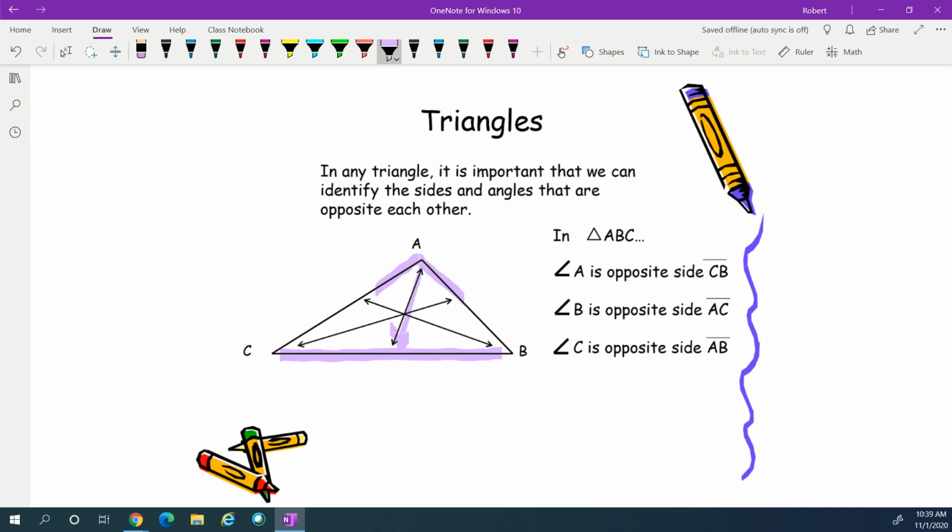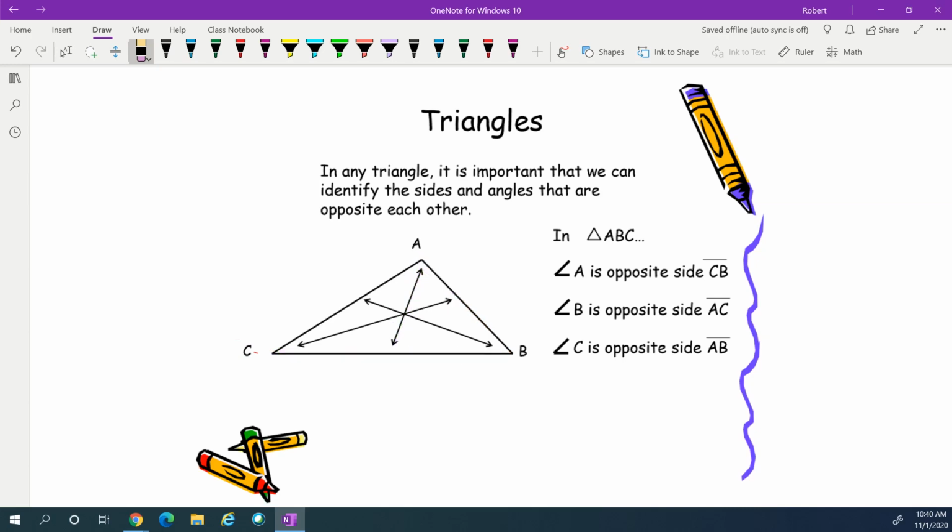Right? Again, if I took this angle and made it go like this, I open the angle, the opposite side would also have to be longer. So there's a relationship between angles and sides that are opposite of each other. And we have to be able to identify which angles and sides are opposite of each other.